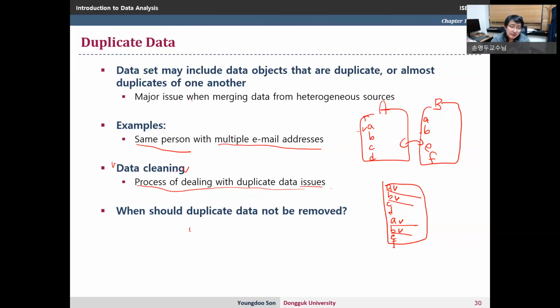Anyway, sometimes the duplication has meaning, and it is important that A appears twice and B also appears twice in this data set. Then it should not be removed. That is the case when duplicate data should not be removed.